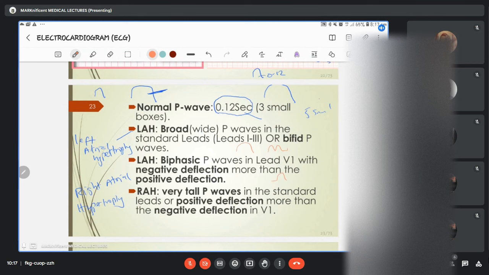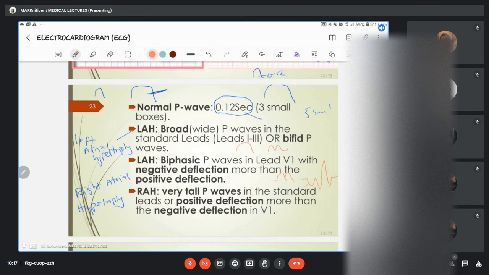But then if you have biphasic, first of all, and then you now have the negative deflecting, this P wave is supposed to be up, but now it is going down. Then you have your QRS complex again. This P is supposed to be up ideally, but now it is down. So that is still a left atrial hypertrophy.